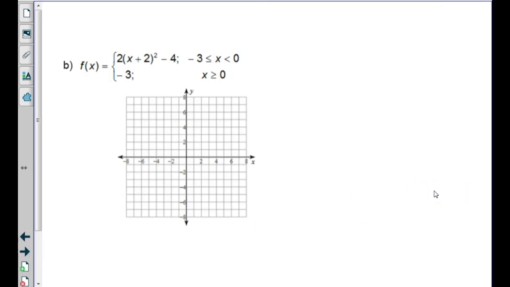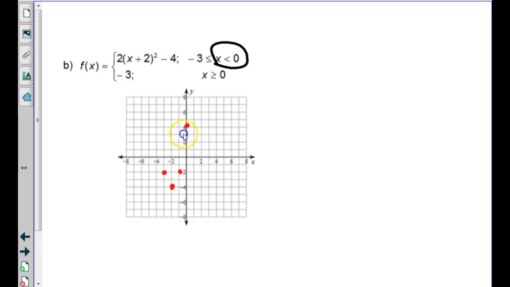This is a parabola whose vertex, you can use your calculator, vertex is at negative 2, negative 4, and it looks like this. All right, and I'm supposed to go from negative 3 to 0. Any of those open? Which one's got an open circle?